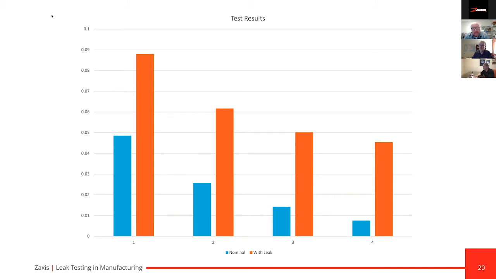If at this point we've added some time and we still don't see as much separation as we'd like, we have 2 other steps that can help us out. If the differential between a good part and a bad part is not large enough, we could simply add some test step time to get those 2 numbers to start to separate.